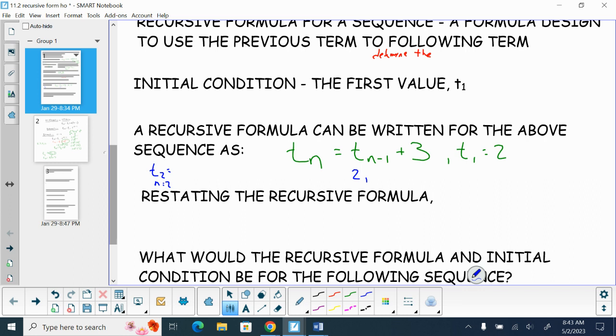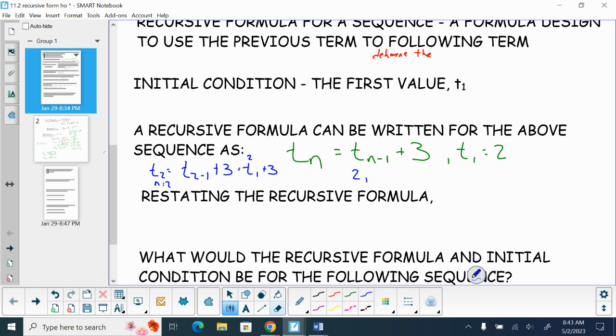If I put an n value of 2 in here, this gives me T of 2 minus 1, or T of 2 minus 1 subscript, plus 3. Well, the 2 minus 1 subscript gives us T1 plus 3. Well, my T1 is a value of 2, so I have 2 plus 3, which is a value of 5.